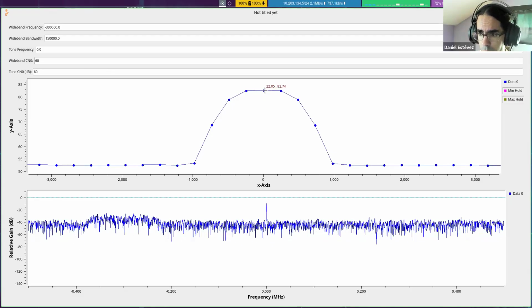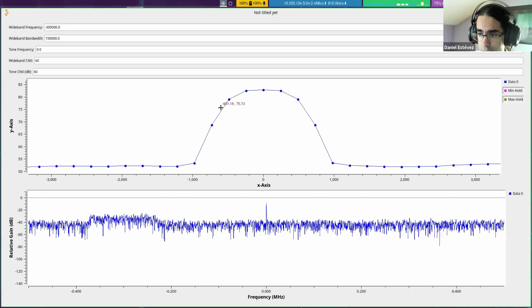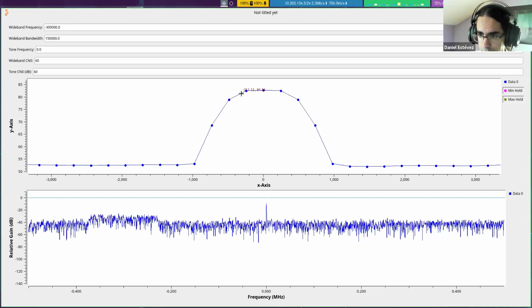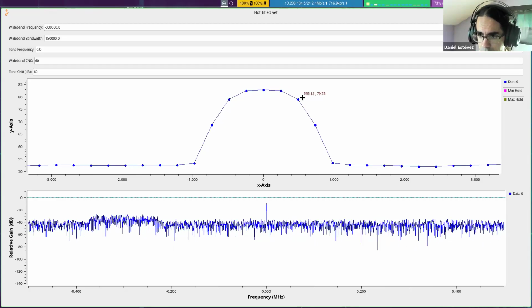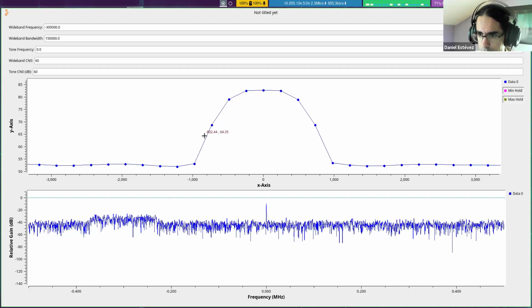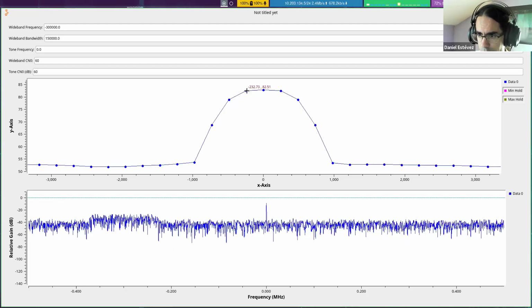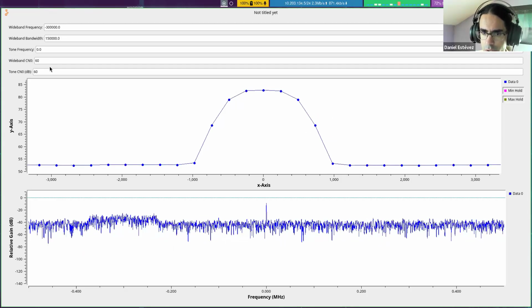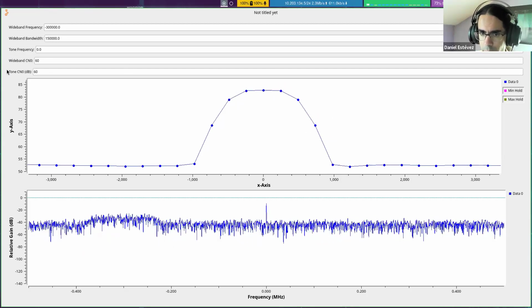But anyway, this is 82.7. You can see it has poorer spectral leakage. So now these have very large values, and it's occupying like 1, 2, 3, 4, 5, like 9 points or something.